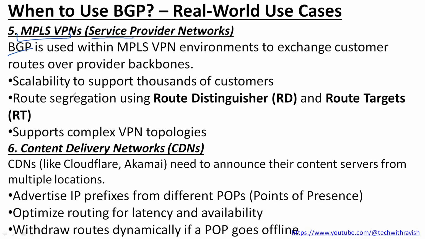Routing decisions like route distinguisher, RD, and route target, RT values, can only be decided by the BGP protocol. If I talk about CDN networks like Cloudflare and Akamai, all of their servers announce their content from multiple locations. In that also we need the BGP protocol for CDNs.